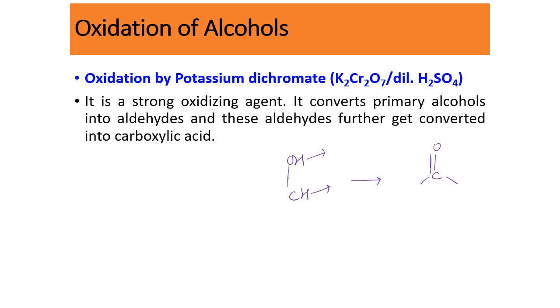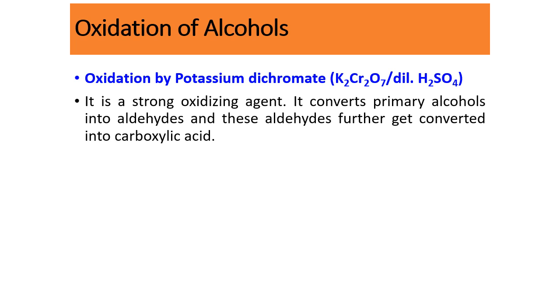Okay, so let us read this part which is on your slide. Oxidation by potassium dichromate. It is a strong oxidizing agent. It converts primary alcohol into aldehydes, and these aldehydes further get converted into carboxylic acid.